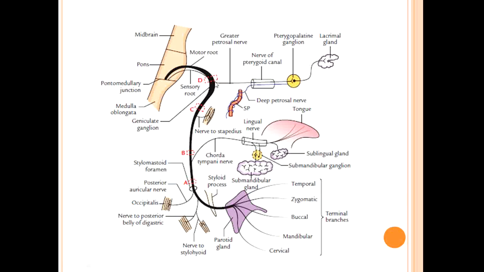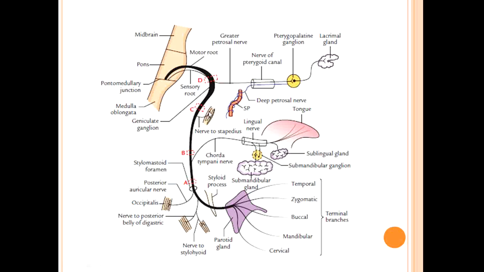Okay, now this is the further course of the facial nerve. So here is the geniculate ganglion. Again I am showing, this is the sensory root, the smaller one. The thicker, larger one is the motor root, and here is the facial nerve. So now it is coming here through the middle ear. So here it is giving supply to the stapedius.